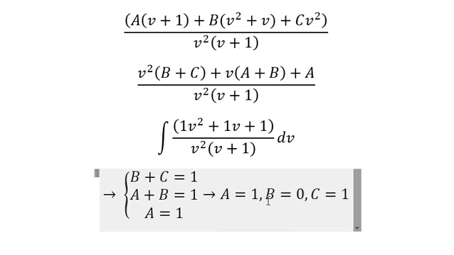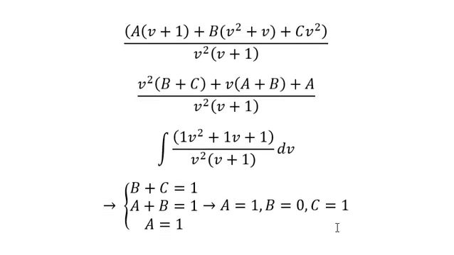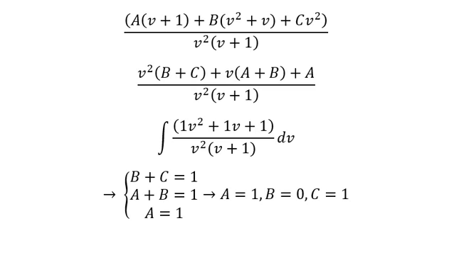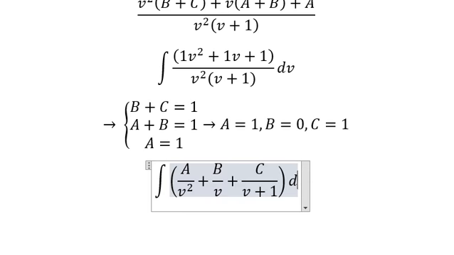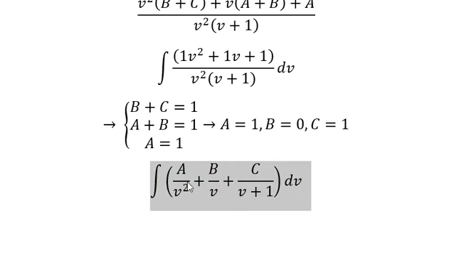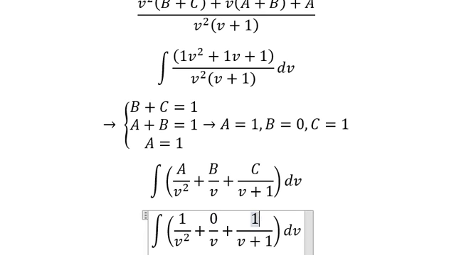And now we put A, B, C go back in here. So A equals to number 1, B equals to number 0, C equals to number 1.